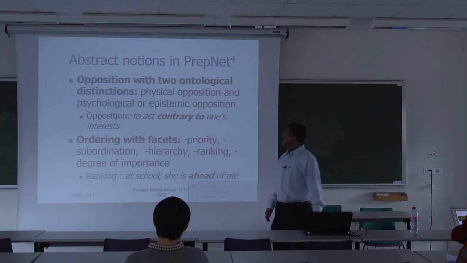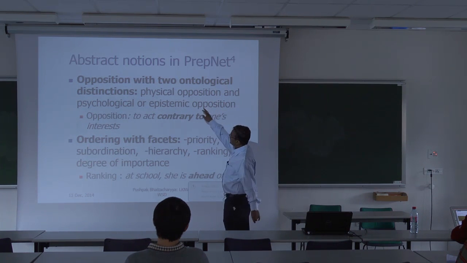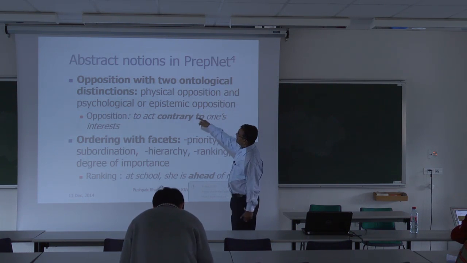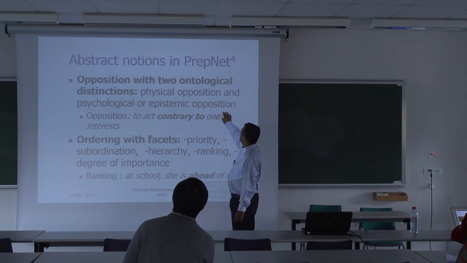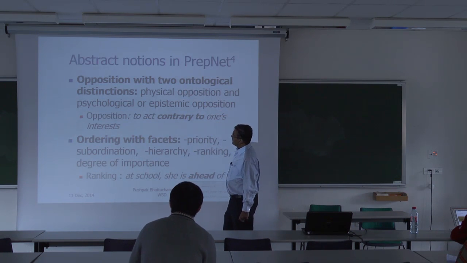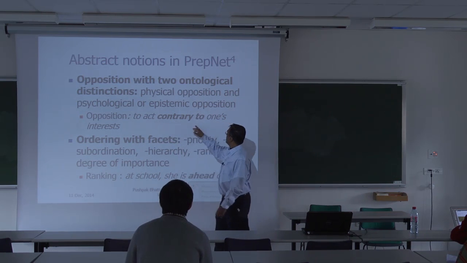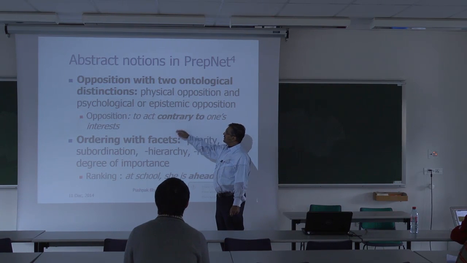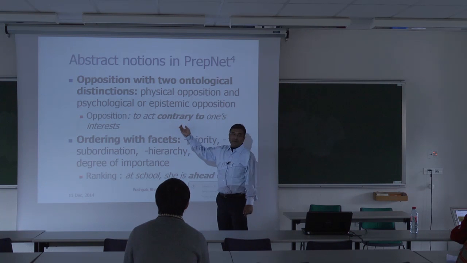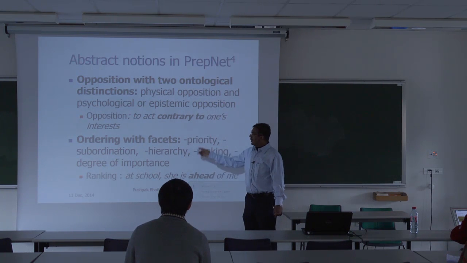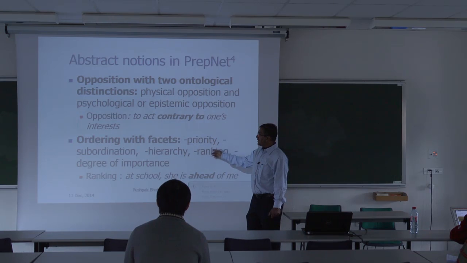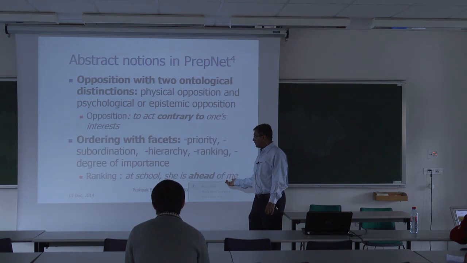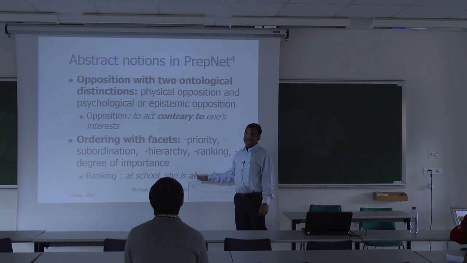Then you can have opposition with two ontological distinctions, physical opposition and psychological or epistemic opposition. Opposition: to act contrary to one's interest. So, contrary to is a complex preposition here with the notion of opposition. Okay. Ordering, with facets as priority, subordination, hierarchy, ranking. At school, she is ahead of me. There is an ordering preposition.